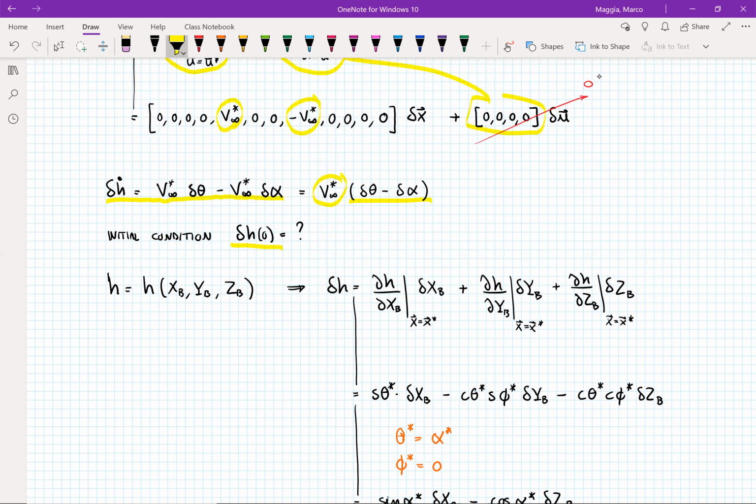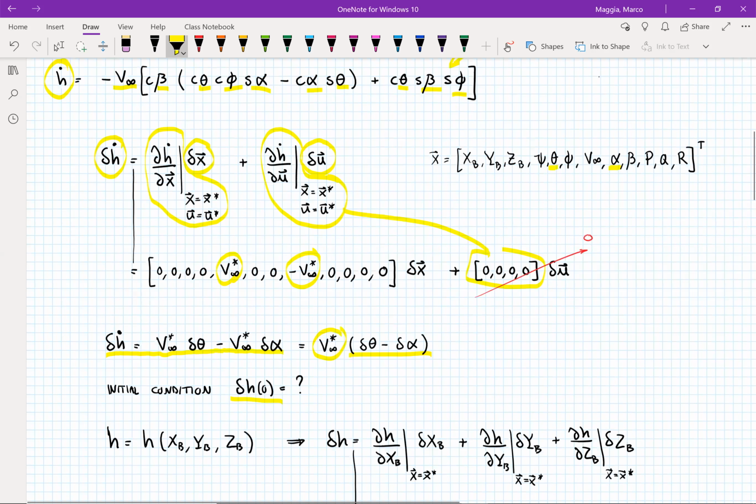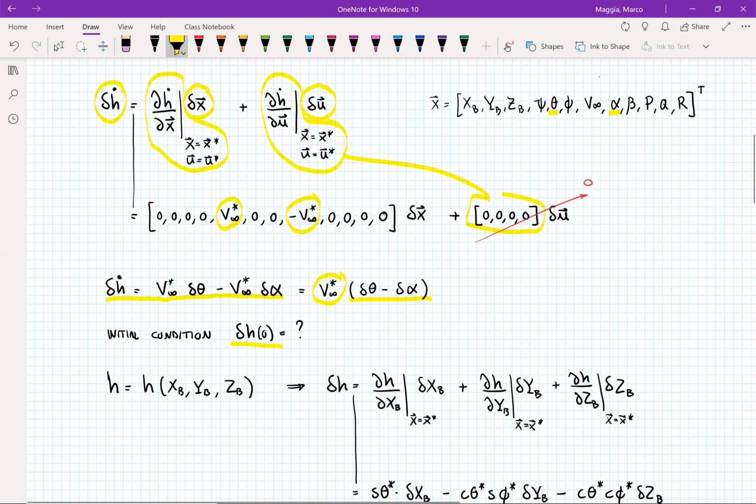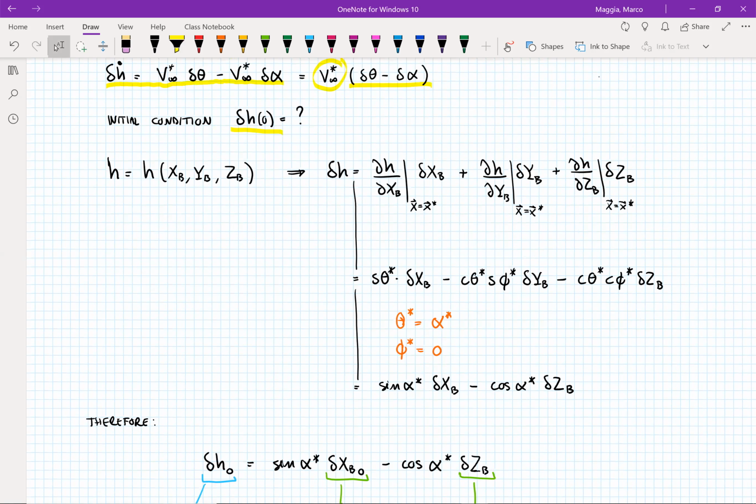So recall the function that we used over here of H. So we can say H is a function of xb, yb, and zb.